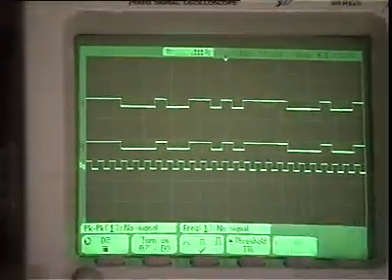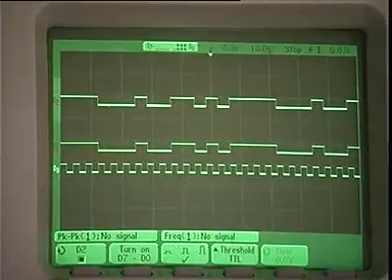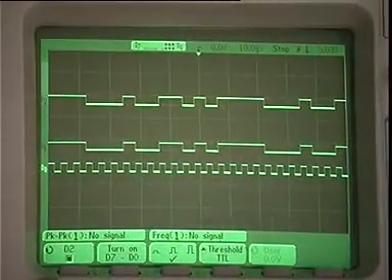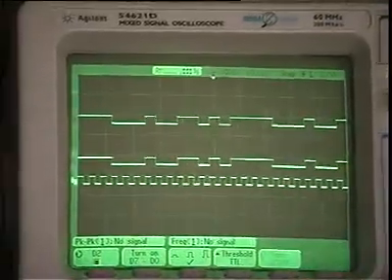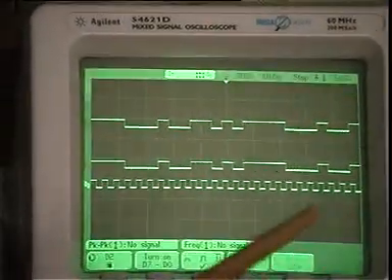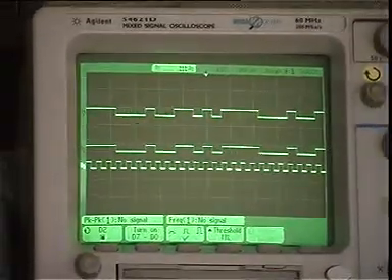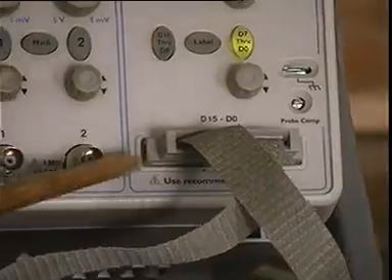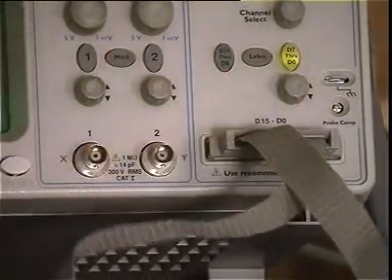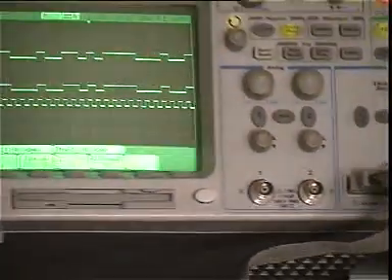Now there are 3 traces I am showing you. In the first demonstration, when I talked about the instrument, I told you that there are 2 analog channels and 16 digital channels. Because this is digital data, I can use digital channels here. So I am not connecting anything to these 2; I am connecting only to the digital channel, and what I am displaying on the screen are digital data.